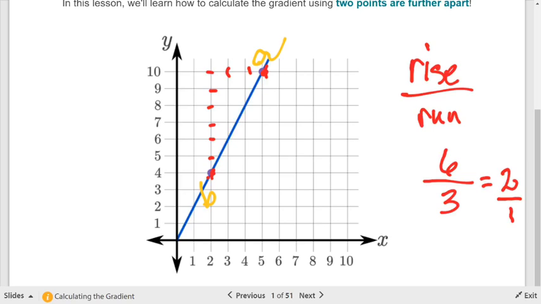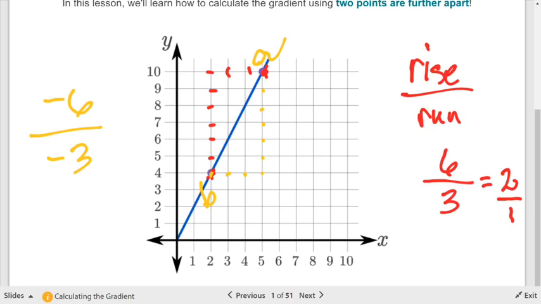You bet. It makes no difference, but you've got to watch out for your signs. So it's 1, 2, 3, 4, 5, 6 down, which gives me not positive 6, but what? Negative 6. And then it's 1, 2, 3 to the left, which is not positive 3, but what?